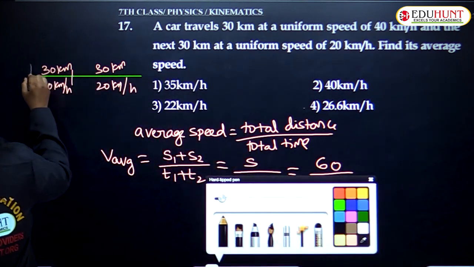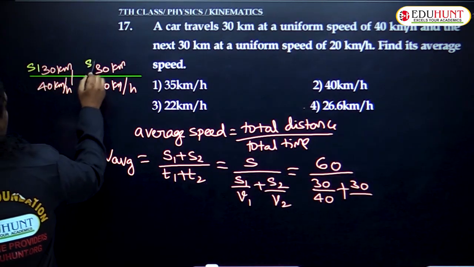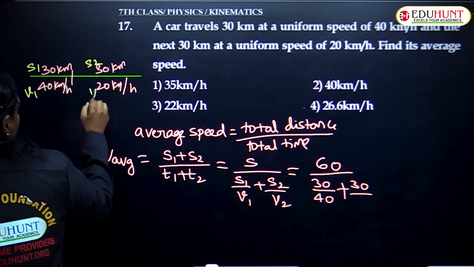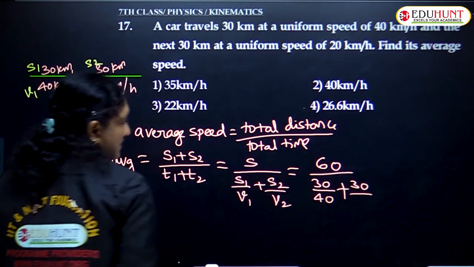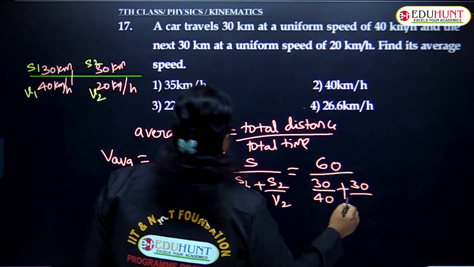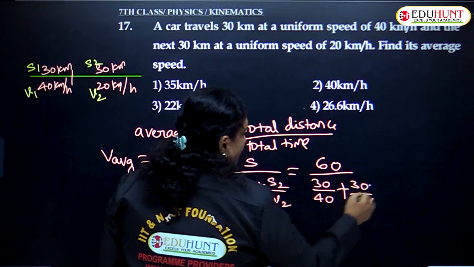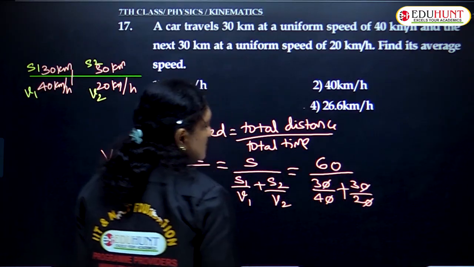This is S1 and this is S2. This is V1 and this is V2. Now it will be clear for you. Yes, so 30 upon what is V2? 20. Simplify this further and take the LCM.